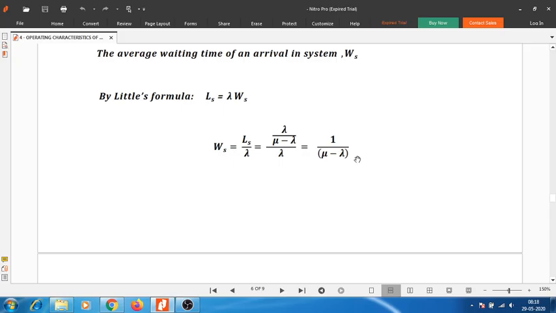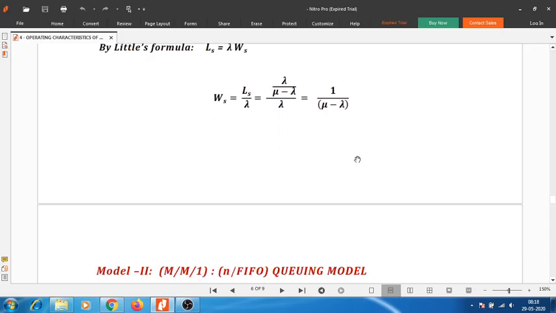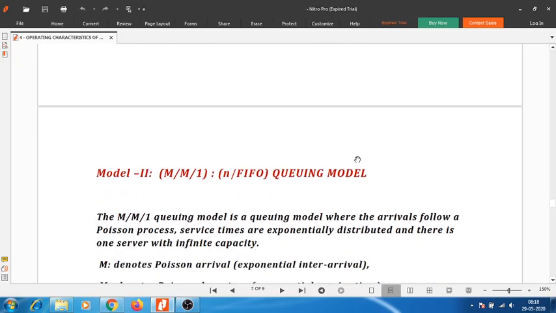The fifth is the average waiting time of an arrival in the queue and in the system. So LQ, LS, WQ, WS: these four are the major operating characteristics of the queuing model.